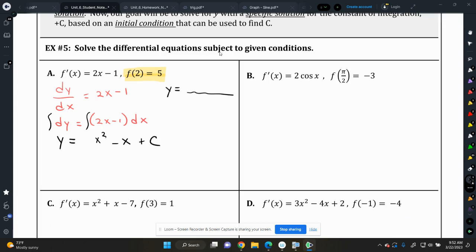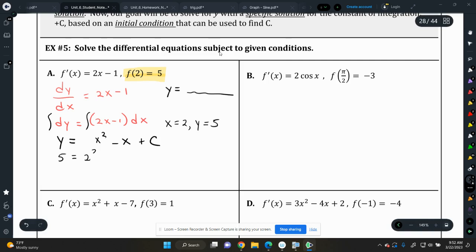Well, f of 2 equals 5 means, right, go back to your algebra, that means when x equals 2, y is equal to 5. Right, that's what f of 2 equals 5 means. So we're going to substitute that in. 5 equals 2 squared minus 2 plus c. This is going to enable us to figure out the value of c. So we get 5 equals 4 minus 2 plus c.